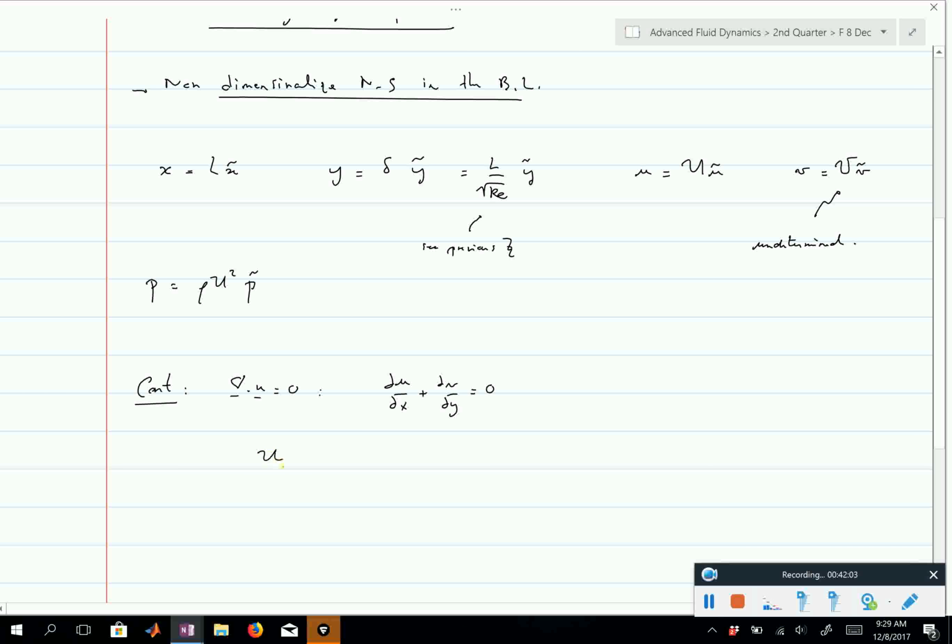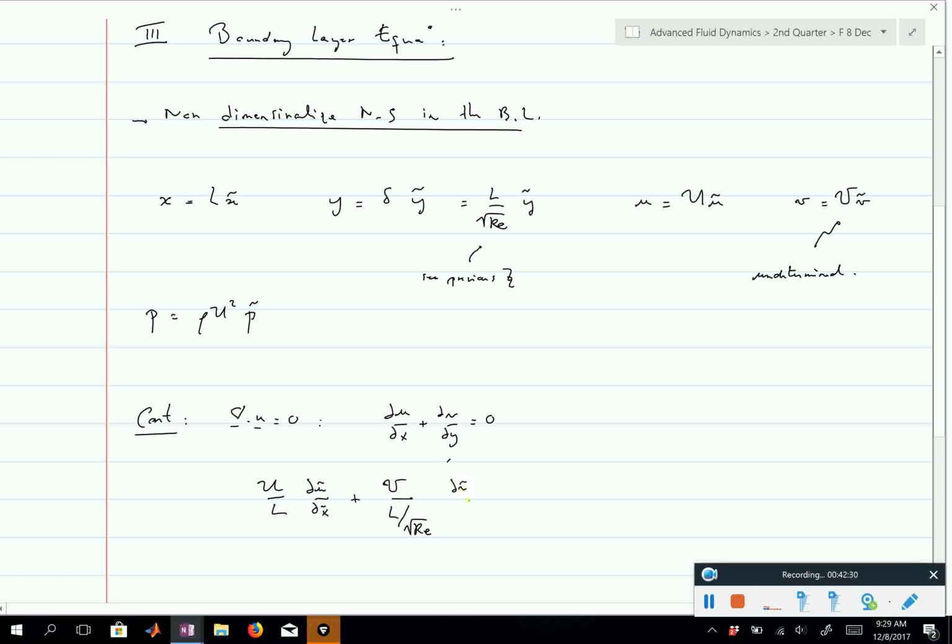You have U divided by L, partial U over partial X, plus V divided by L divided by the square root of the Reynolds number, partial V, partial Y. And this is equal to 0.